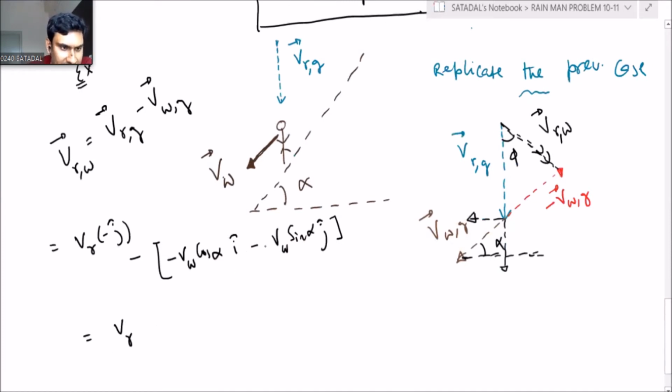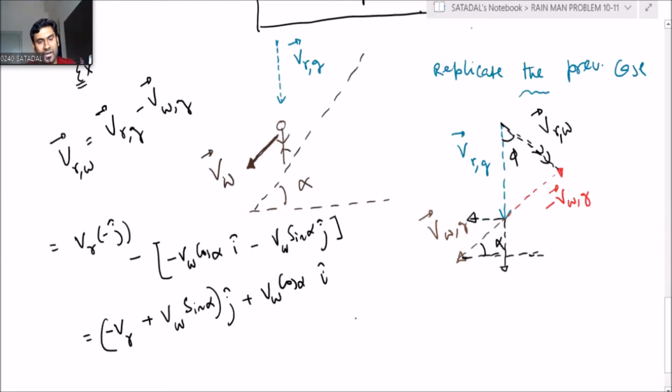Now this minus minus becomes plus. So minus Vr plus Vw sin alpha j cap plus Vw cos alpha i cap. Since you have taken this angle to be phi, tan phi is Vw cos alpha divided by Vw sin alpha minus Vr. Is that okay?